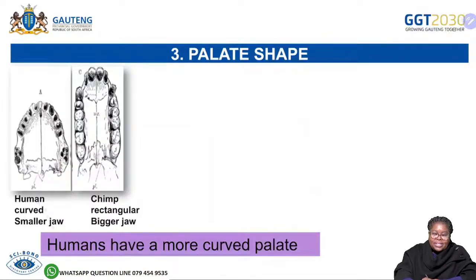So humans have curved, smaller jaw. Remember, these are the jaws. But then with chimpanzee, they are rectangular, bigger jaws. What else can you tell if you look at the differences there? Humans have more curved palate, whereas the chimpanzee, in this case, it has got a rectangular, bigger jaw.